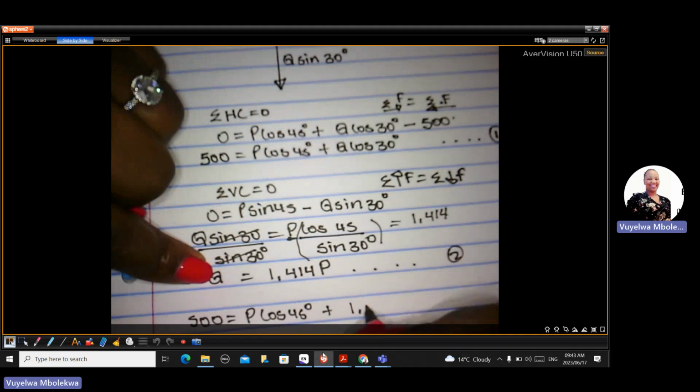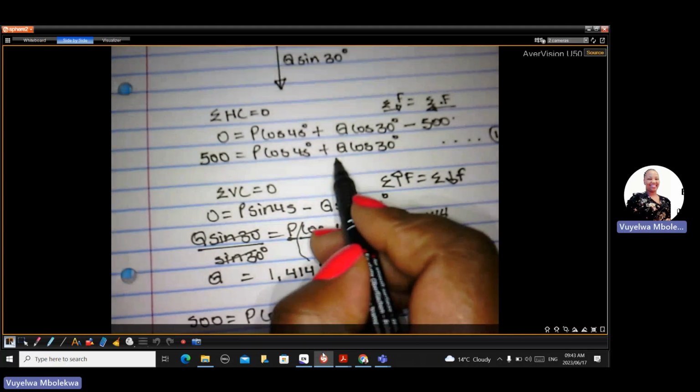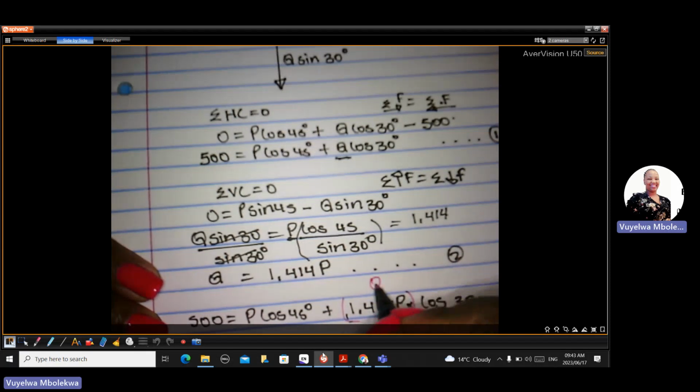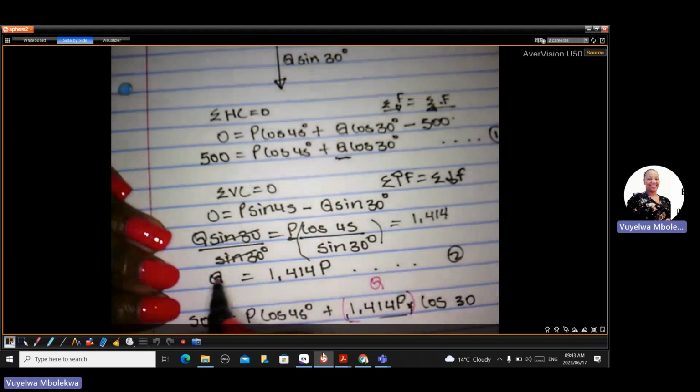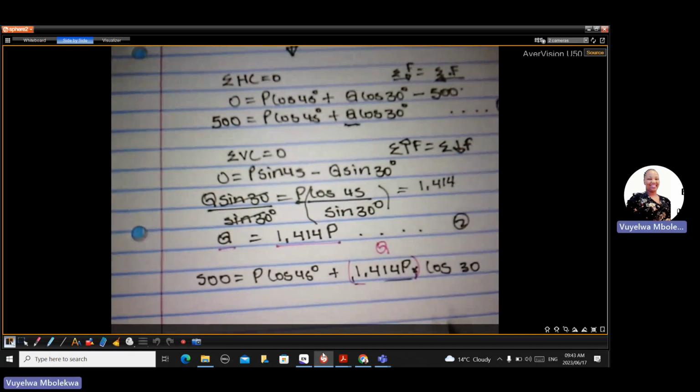So Q is 1.414 P, multiplied by cos 30. So this is replacing that Q we have over there. This whole expression is replacing Q because Q is that. Then we just do the maths now.